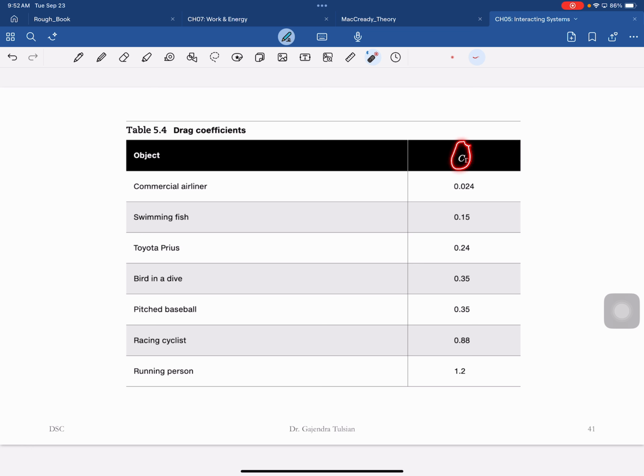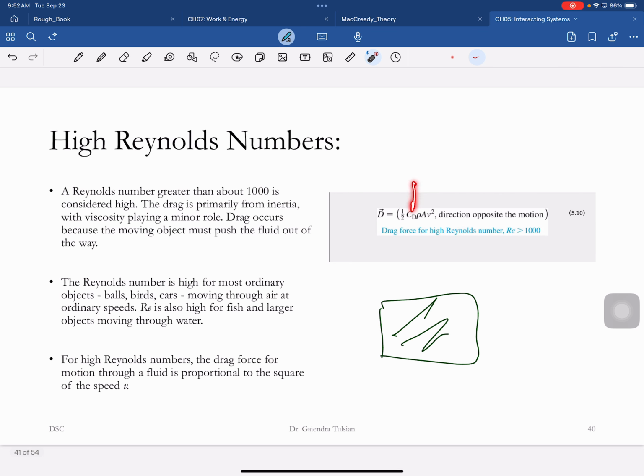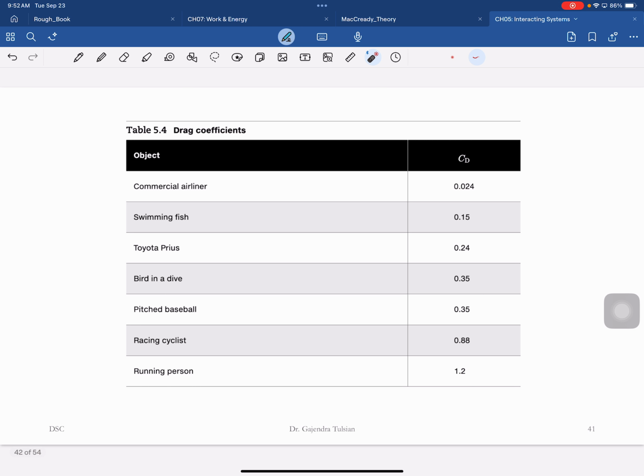So here are some of the drag coefficients. There are those numbers, like I said. For the Prius, it's 0.24. For swimming fish, it's 0.15. Look at this, commercial airlines. For an airline, the drag coefficient is 10 times smaller than for your Prius.